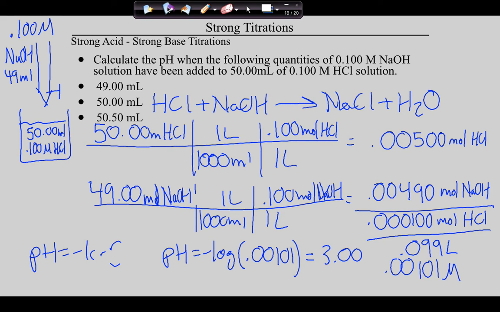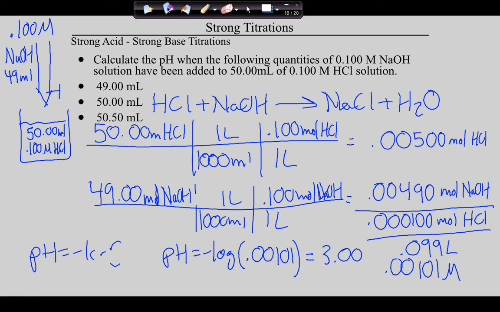Now, what about this? 50.5 milliliters. How will the math be different? Now we're past equivalence. We have added more equal molarity base as we have acid. If we were solving this from scratch, how would it look different? Well, guys, first of all, I would switch these because now we have more base than acid.